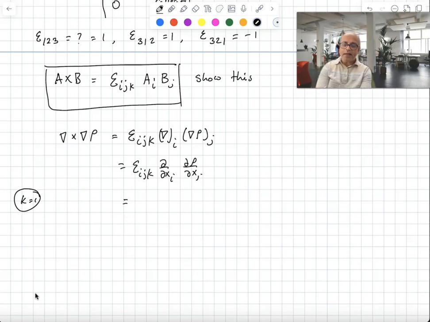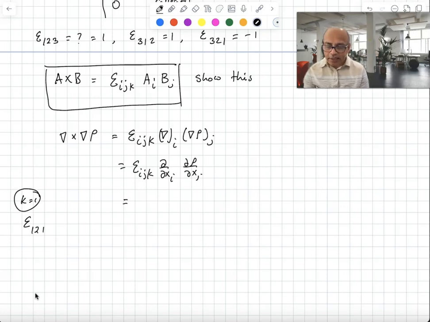Now I have i, j repeated, so sum over i. If I take the sum, I will say epsilon i1k, epsilon i2k, and so on. So basically I will get epsilon 1, 2, 1, k is 1.